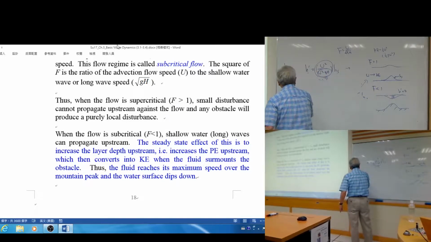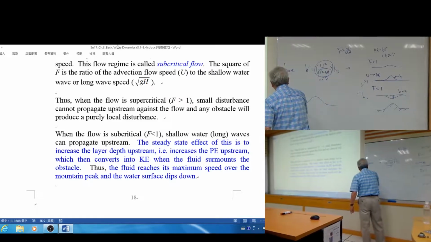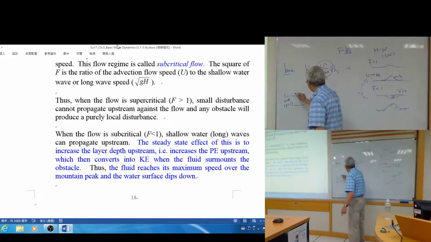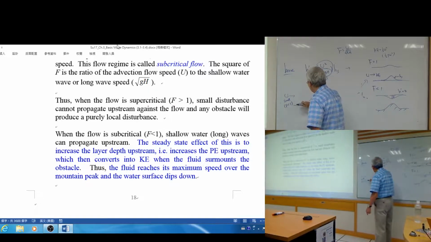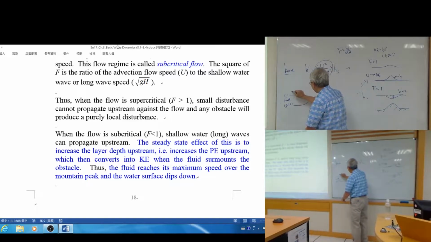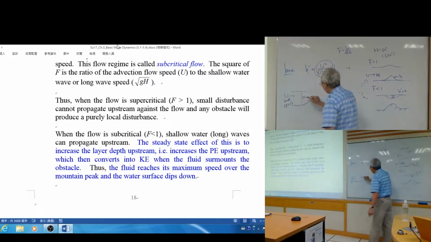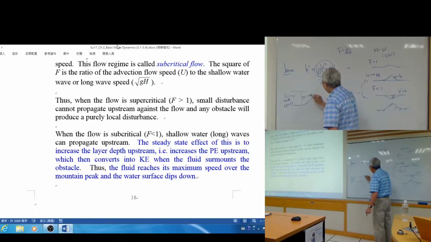Say where U is small, that means the flow number is less than 1. The flow is going to accumulate because it's blocked by the mountain and cannot go over, so it increases to a certain point. You've got enough potential energy, but this potential energy will be split into potential energy plus kinetic energy.